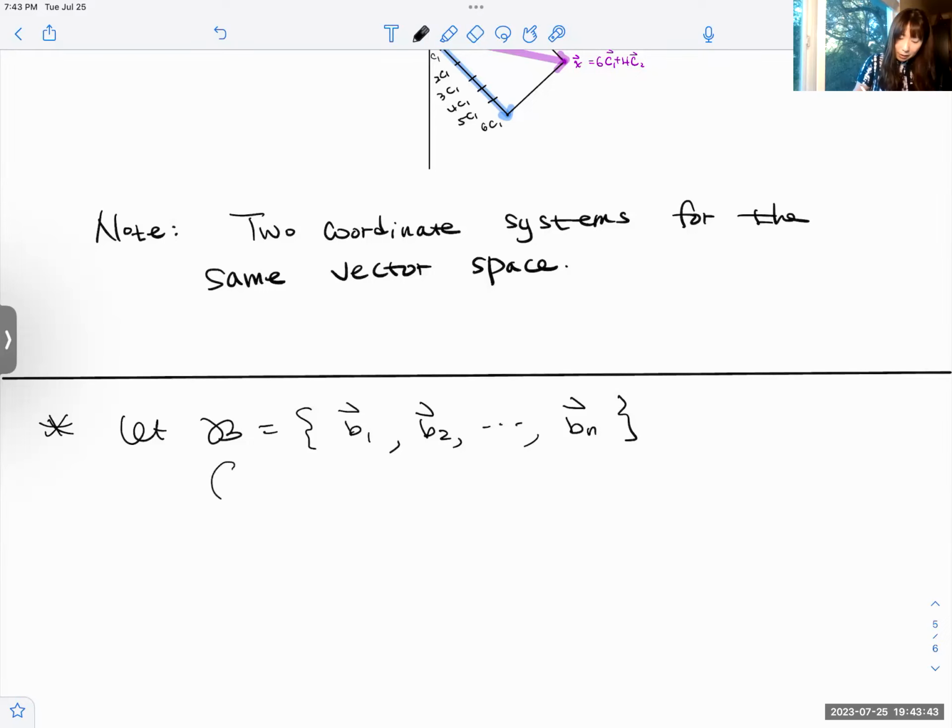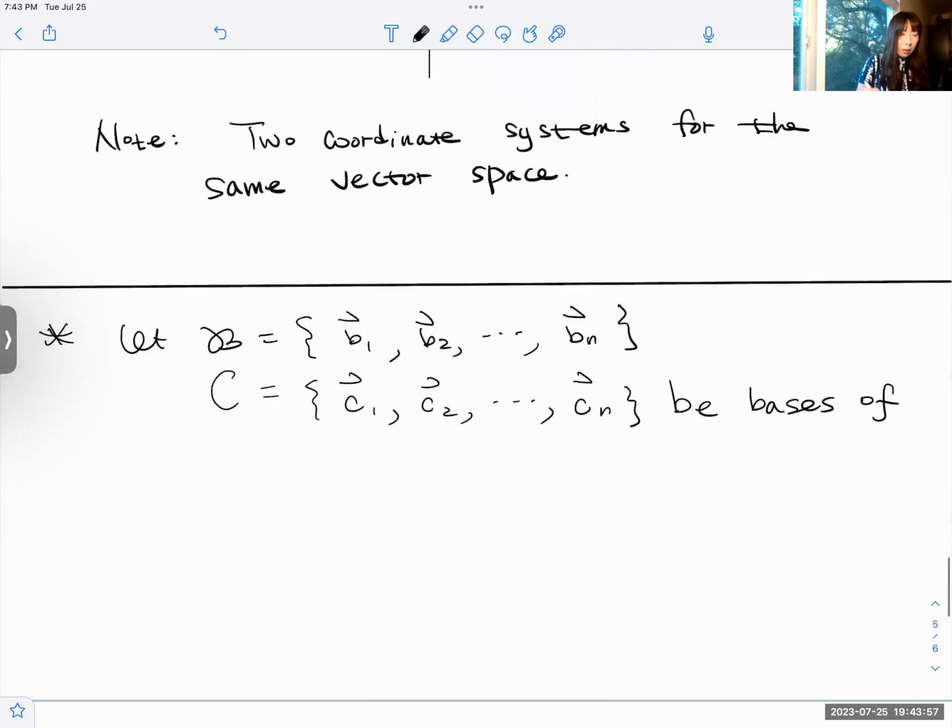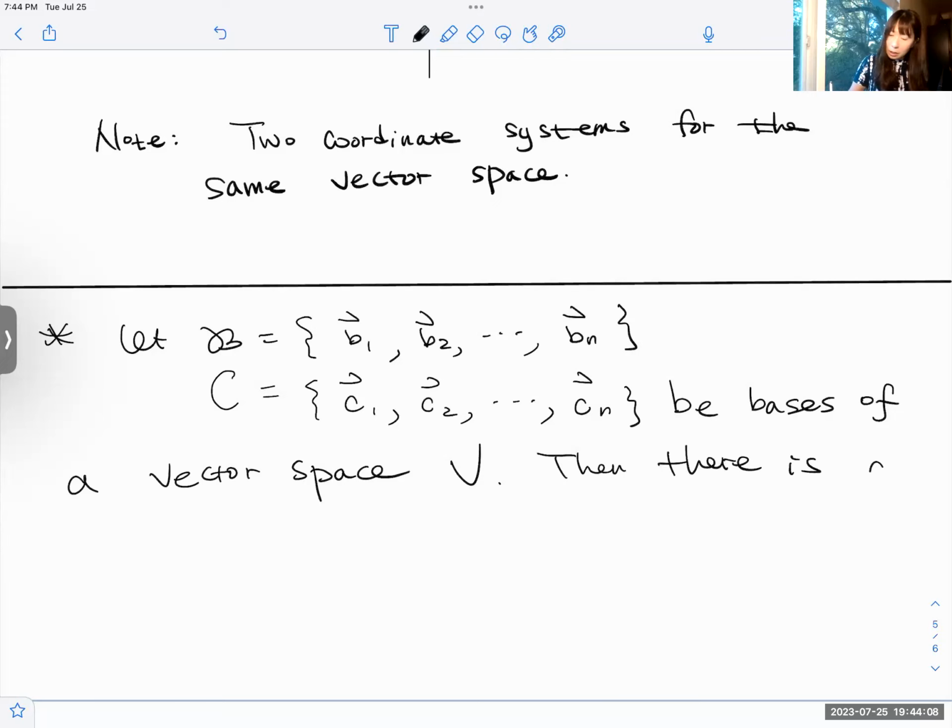I cannot make it fancy. Okay, c sub 1, c sub 2, up to c sub n, be bases of a vector space V, then there is a unique n by n matrix P. Okay, we denote it this way.